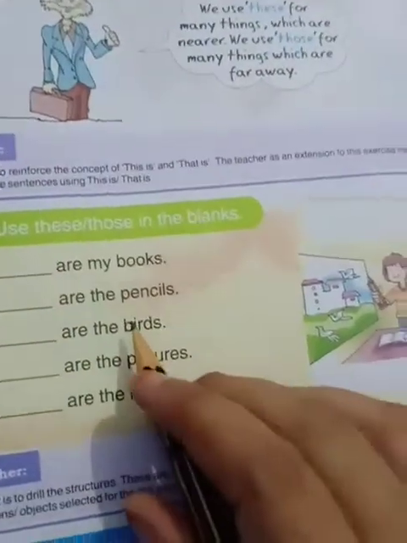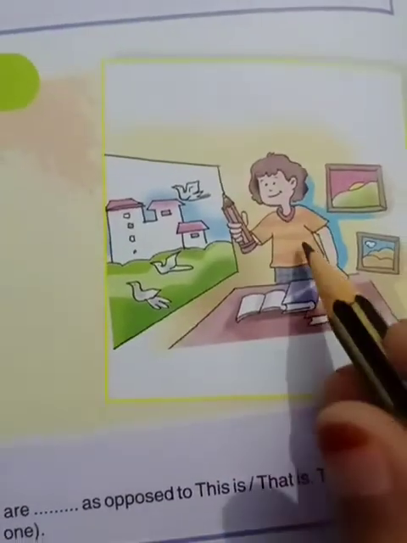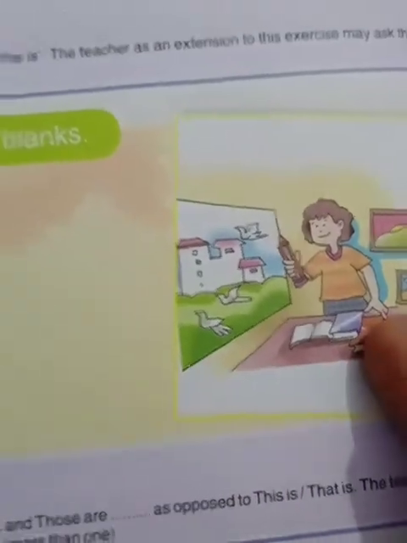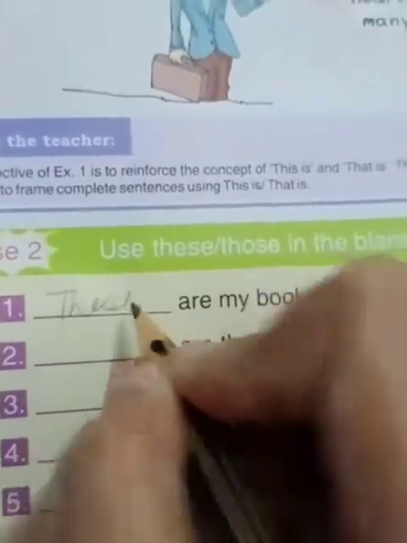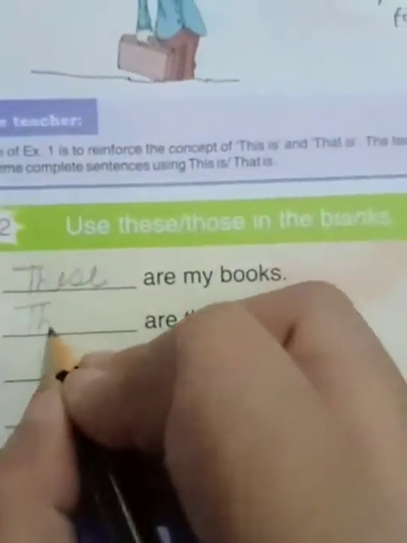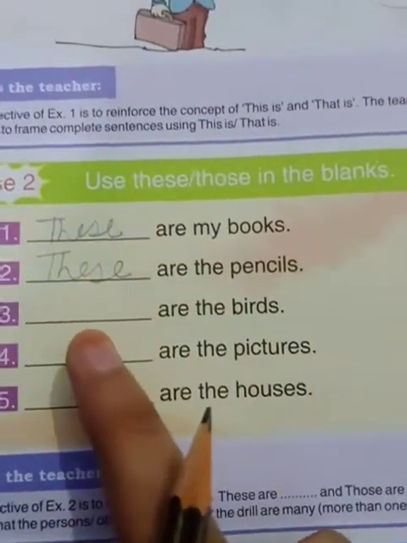So here we will see from the picture, dash are my books. Books are near the boy. So for near we will write, these. Dash are the pencils. Pencils are near. So write, these are the pencils. Next, dash are the birds.